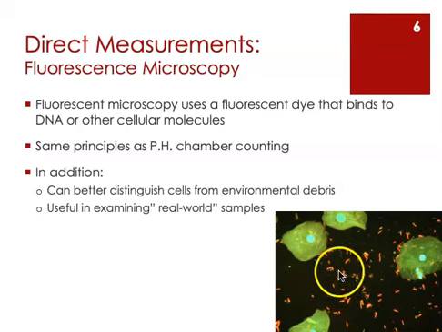These are microbial cells. Remember, bacterial cells, archaeal cells, they're going to be much smaller than eukaryotic cells. And you can see that because of the different dyes used, whoever's doing this counting process is going to be much better able to see which cells are microbes and which cells are eukaryotic cells or other pieces of debris.